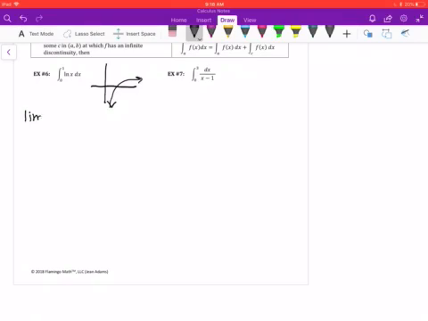So we are going to change that to the limit as a approaches 0. So we're changing our number to a letter where the vertical asymptote is, and we're going to approach that number with our letter. So the limit as a approaches 0. Now I have to think about, is it coming in from the right or from the left?